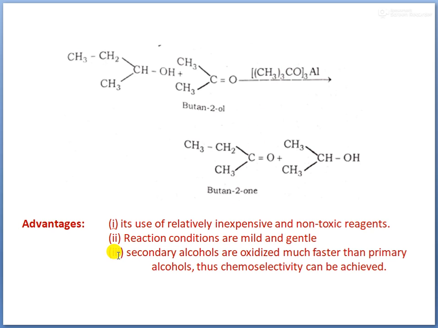Also, this type of reaction can be used to oxidize secondary alcohols, because secondary alcohol oxidation is much faster than that of primary alcohols. Therefore we can attain chemoselectivity for this type of reaction. The secondary alcohols will be oxidized much faster than the primary alcohols.